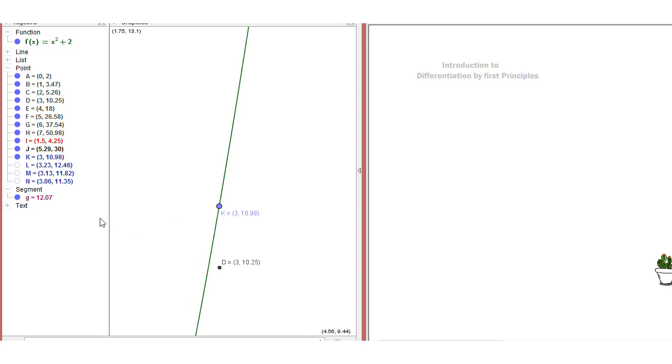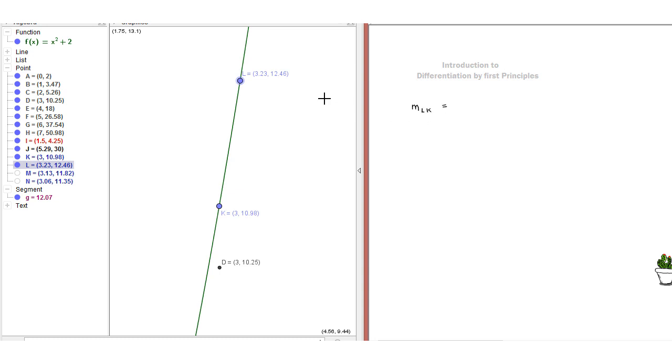Okay, so let's choose a point L, which is at a position of 12.46 kilometers at a time of 3 hours and 28 minutes. So we can calculate the gradient of the secant line LK.